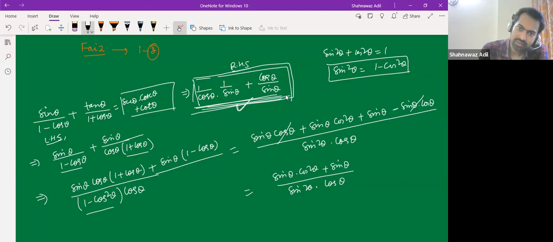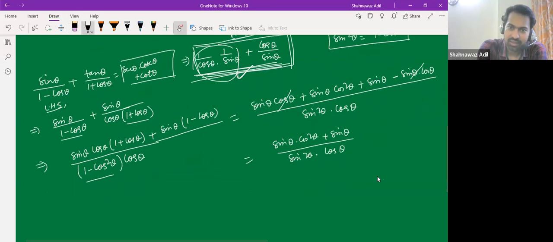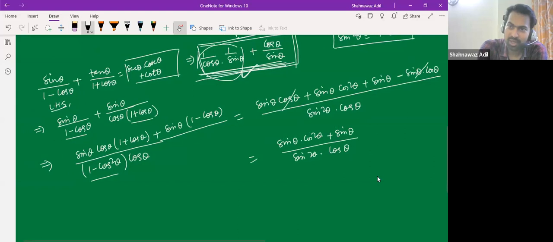Two terms, right? And in here we have one term. So we have to get two terms. What should we do? Separate. Yes, separate this. So separately we can write.